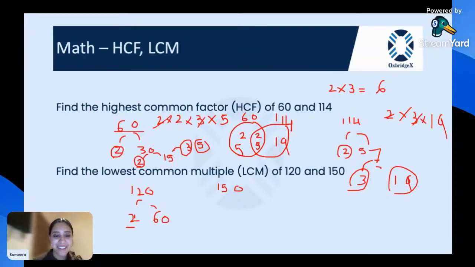Right, 2, I'm going to circle. 60, I'm going to break it down to 5 and 12. Right, and then 12 goes 3 and 4. And then 4 goes 2, 2.